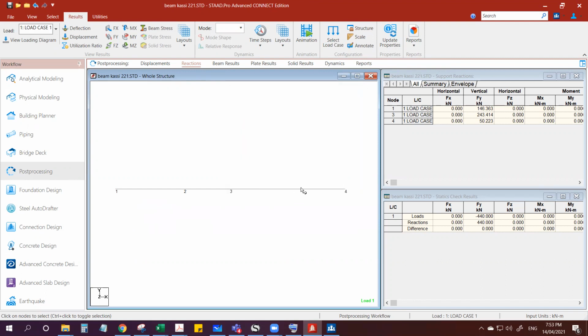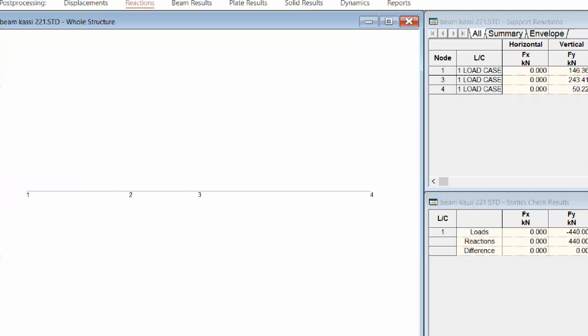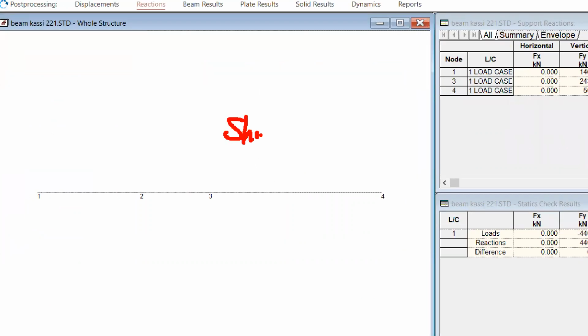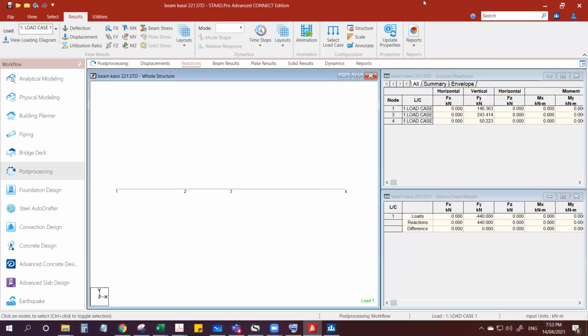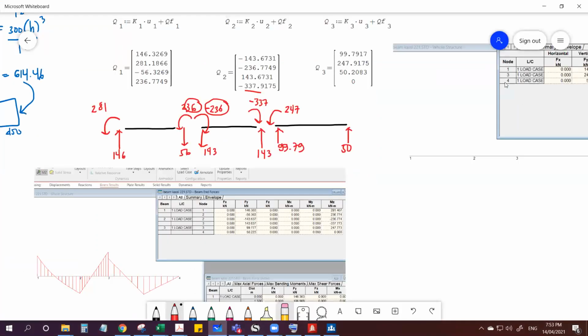And then Shift N for display of nodes. And then Shift S to enable or disable the supports. So I captured this and I paste it here.